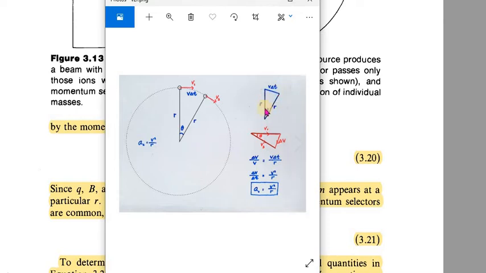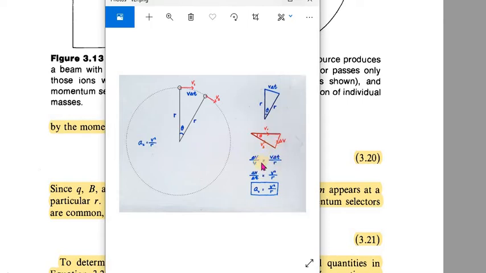If we take the ratio delta v by v1, it is also equal to v delta t by r. Since v1 and v2 are equal, delta v by v equals v delta t by r.